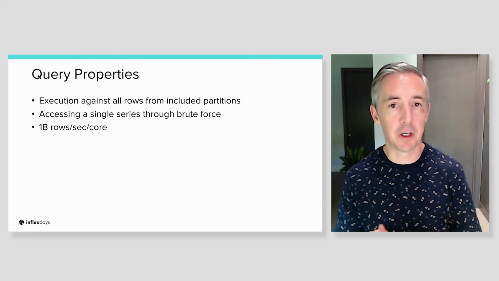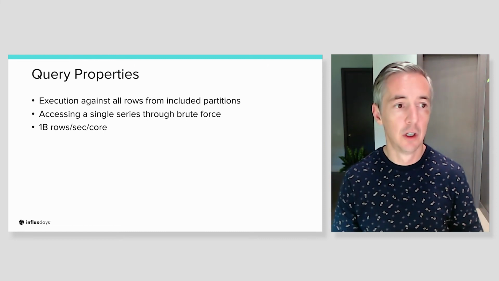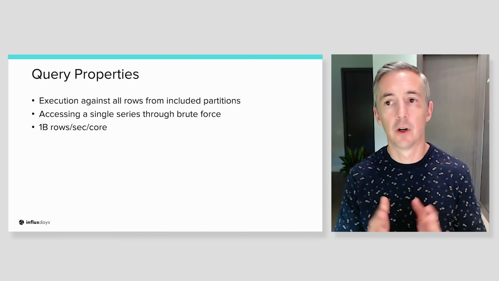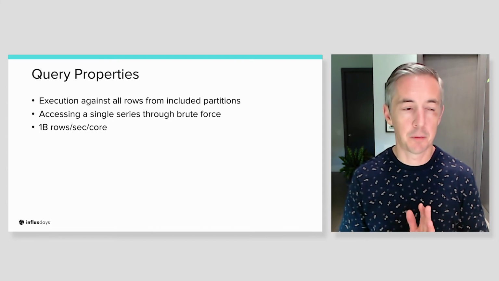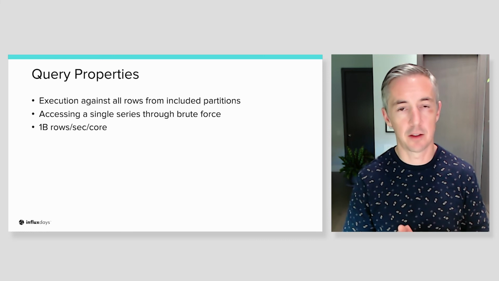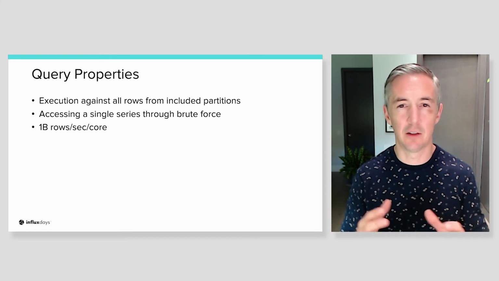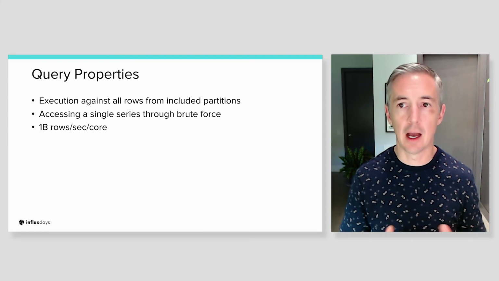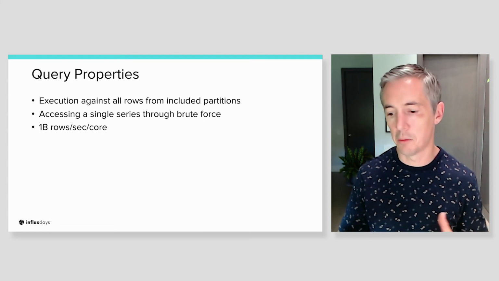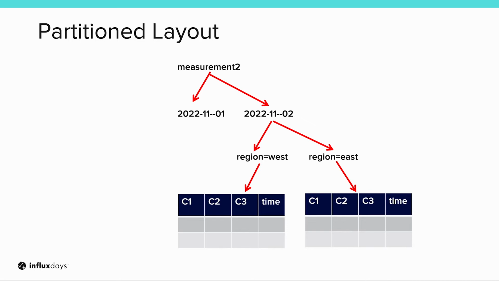The nice thing is, because of that vectorized execution, for some types of queries, you can expect to get about 1 billion rows processed per second per core that you execute on. That gives you a rough estimate for how quickly you can get through some amount of data.